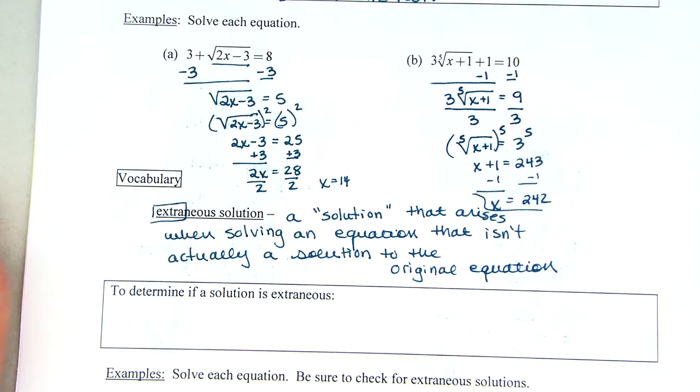An extraneous solution is an answer that you get that somehow isn't actually an answer. And I feel like that should make no sense at all. It's a solution that arises when solving an equation that isn't actually a solution to the original equation.